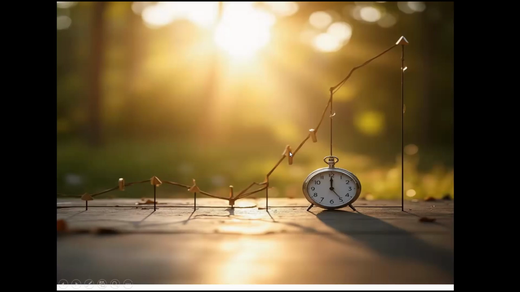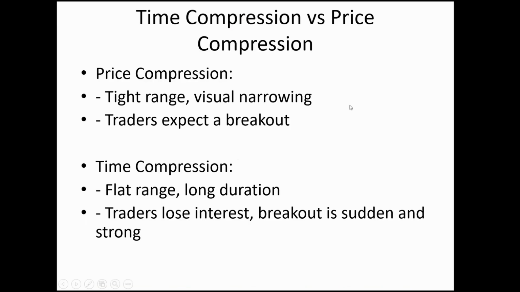See, this is an example where price has compressed after 12:30. It was a parabolic up move. You can see there, time compression versus price compression. Price compression is in a tight range. Visually, you are seeing a narrowing of the price range, and traders expect a breakout.